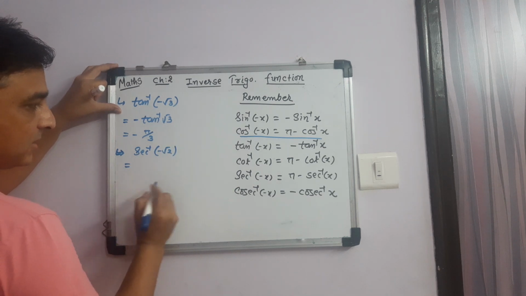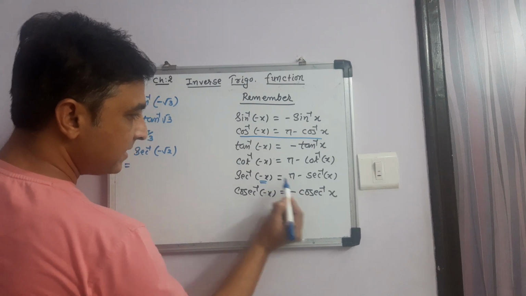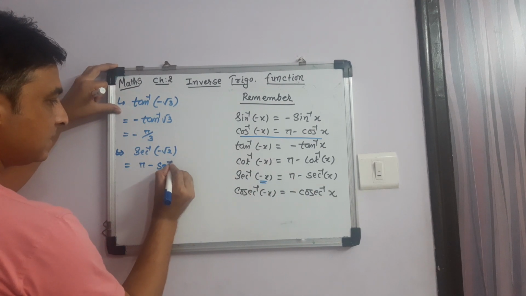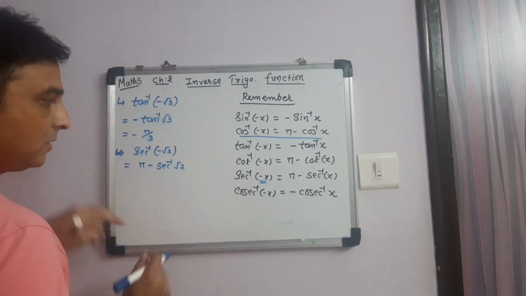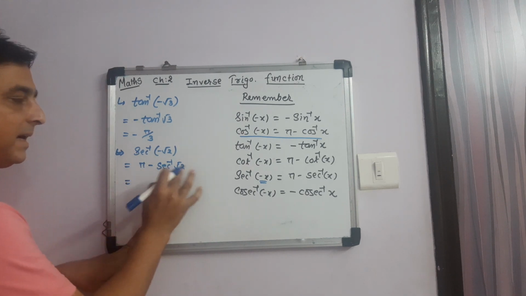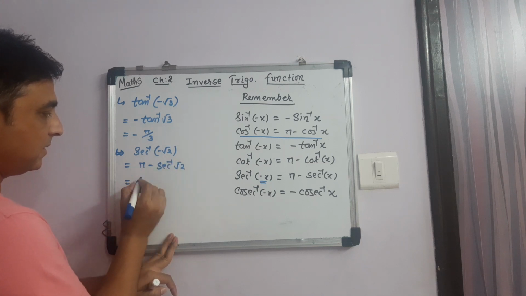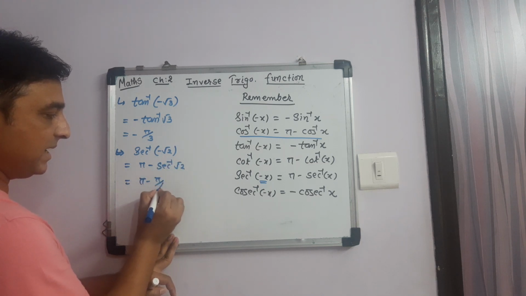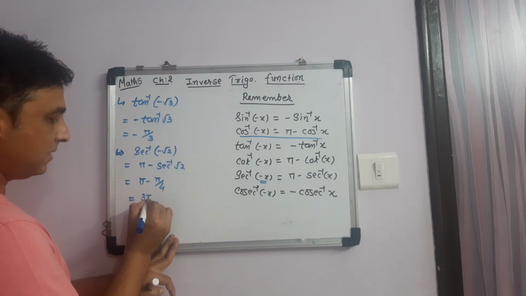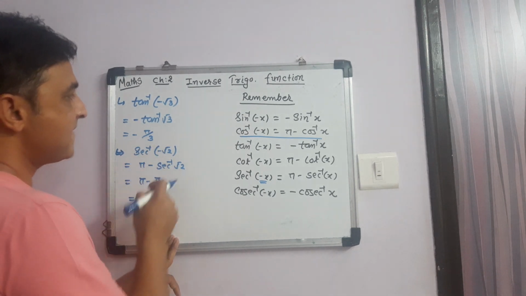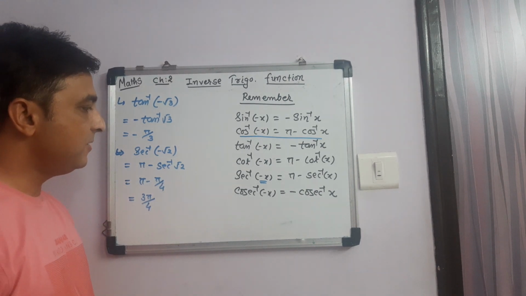Using the sec inverse minus x formula, it is pi minus sec inverse root 2. And what is the value of sec inverse root 2? It is pi by 4. So pi minus pi by 4 is 3 pi by 4. Like that we can find the values.